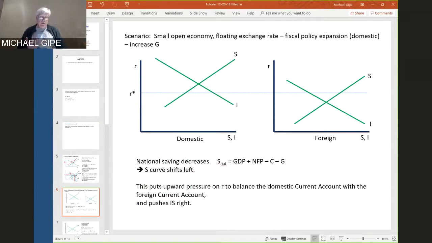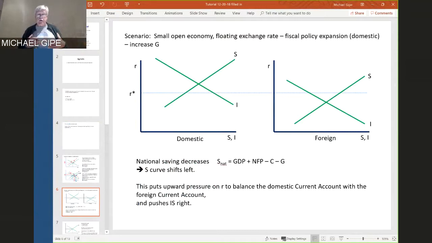Since we're going to be looking at the exchange rate, there are a couple of different policies that can be in place. And let's look first at a floating exchange rate, where governments let the market determine what the exchange rate is between currencies.